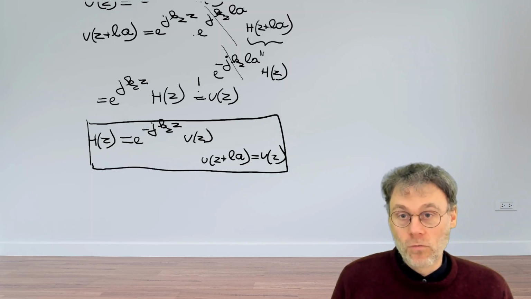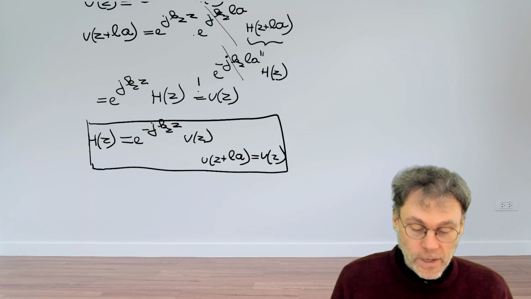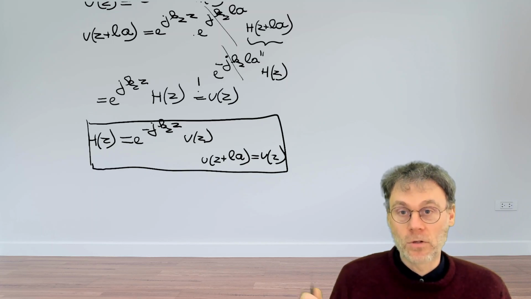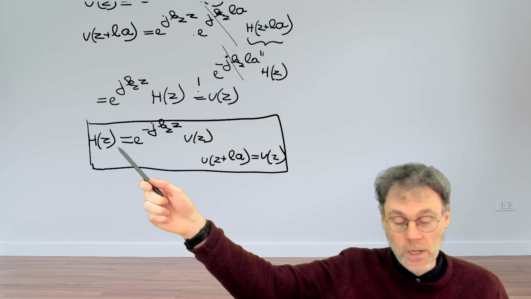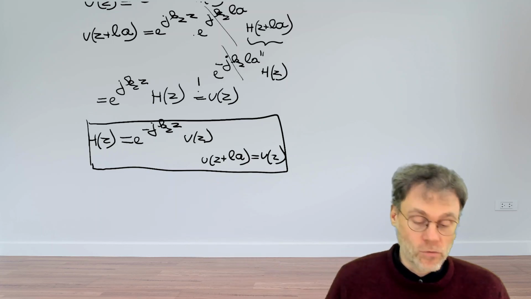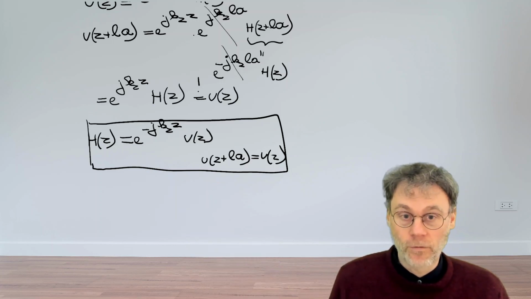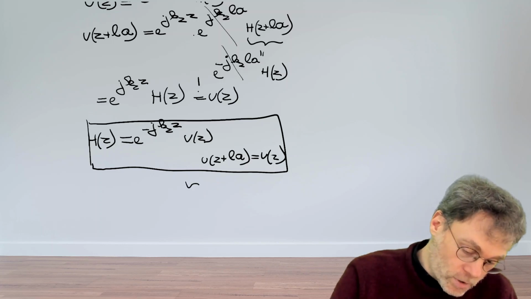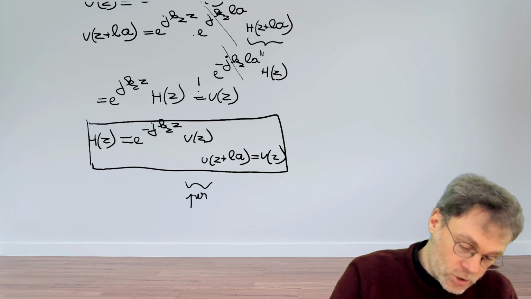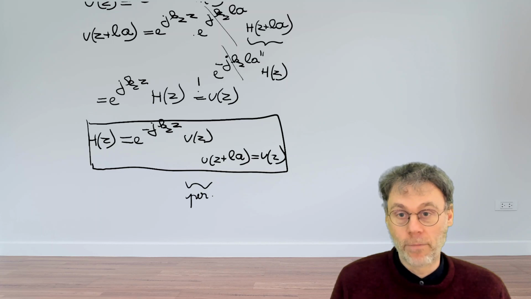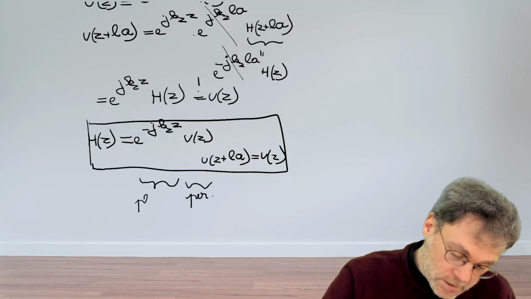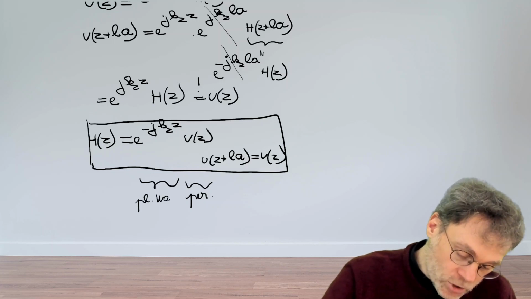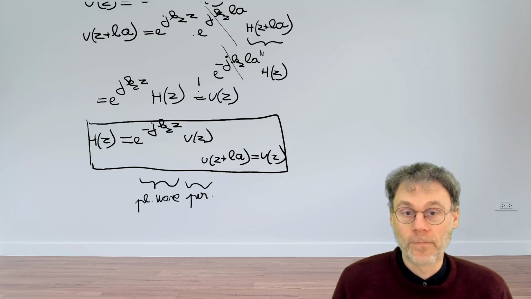If you look at what this means, this basically tells you that if you have a solution to Maxwell's equations in periodic media, a Bloch mode h of z, you can write this as a product of two parts. Namely, on the one hand, we have a periodic function, u of z, the same periodicity as the lattice. And then on the other hand, this plane wave, exponential minus j kz z.